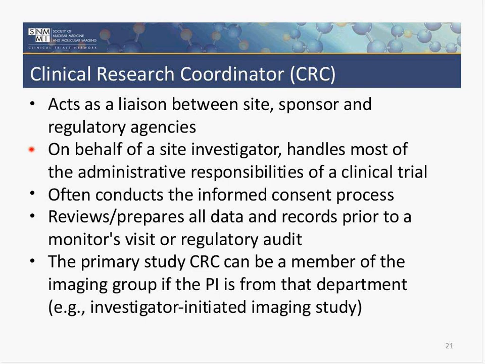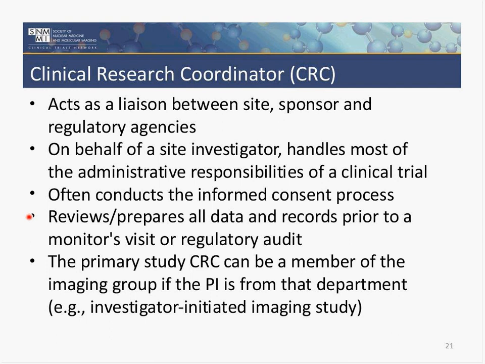The clinical research coordinator often conducts the informed consent process with a potential research subject, and they review and prepare all data and records prior to a monitor's visit or regulatory audit.